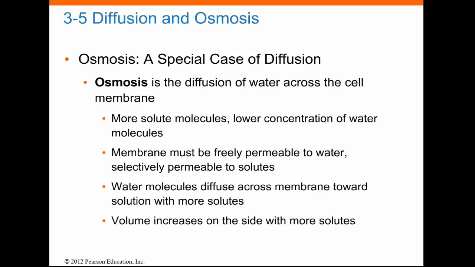The water molecules diffuse across the membrane towards the solution with the more solutes, trying to balance it out. And that means that the volume of water will increase from one side to the other. The water will move from where there is a low concentration of the solute to the higher concentration of the solute, as the water will try to balance the concentration of the solute.